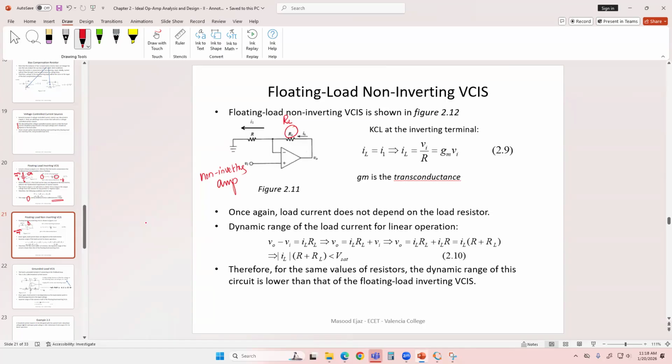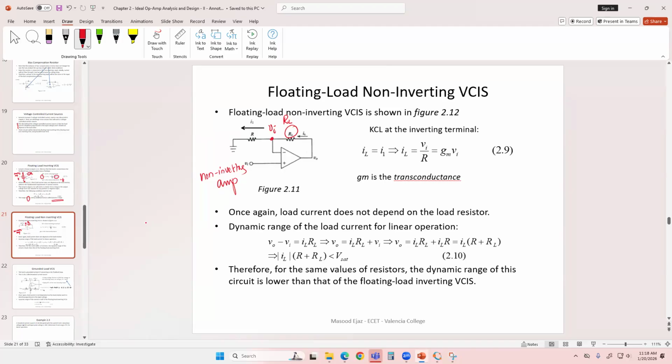Input is applied at the non-inverting input terminal. So the same derivation that we did earlier, the voltage here is going to be VI. And again, these two currents will be the same since no current is going to flow in the inverting input.